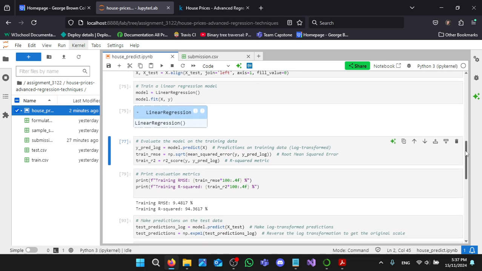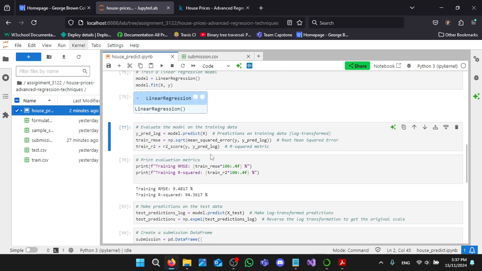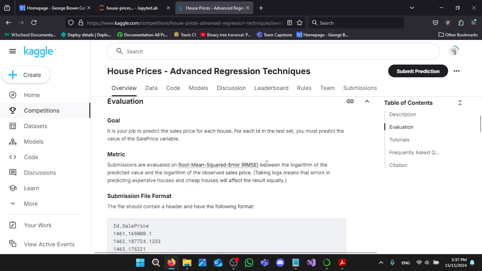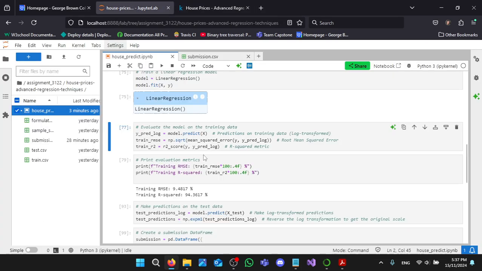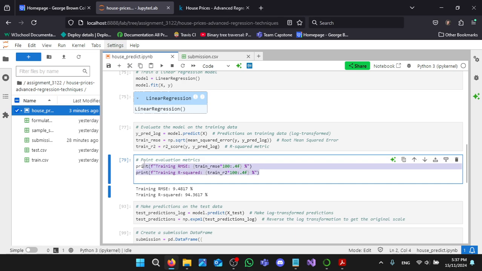The next thing is to evaluate the model. I want to predict on the training data and calculate the root mean squared error, the RMSE. This shows me how well the model fits the training data. After that, I print the evaluation.